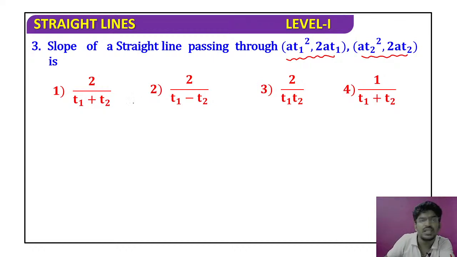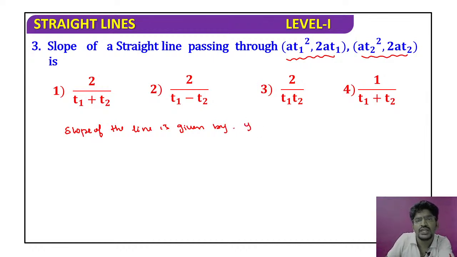So very simple, you can see here the slope of the line is given by y2 minus y1 divided by x2 minus x1. This formula you have to use.